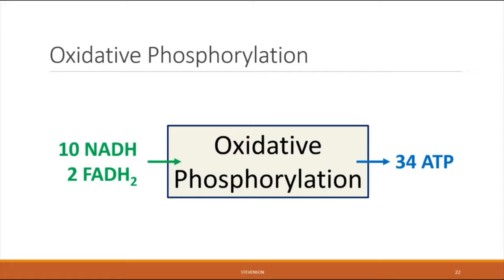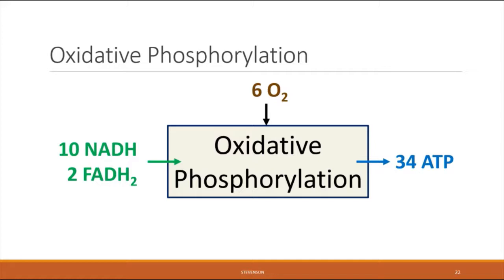Oxidative phosphorylation, in the process of making this conversion, consumes 6 molecules of oxygen. Where does that oxygen come from? It's the oxygen that you breathe in. This is why you need oxygen.